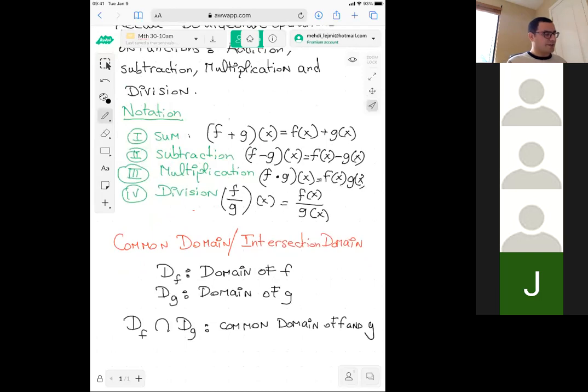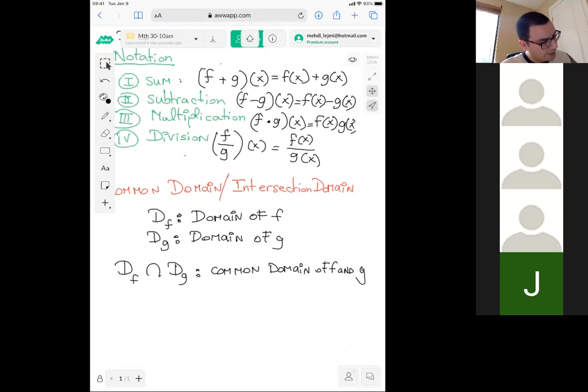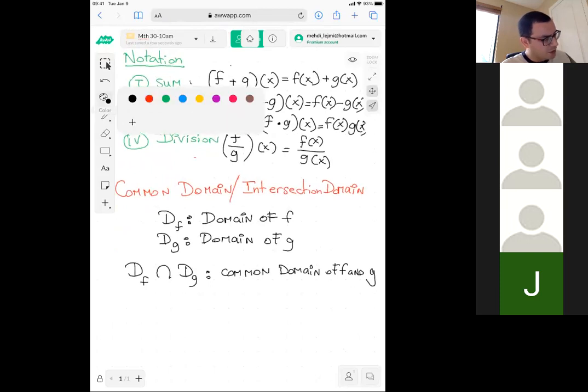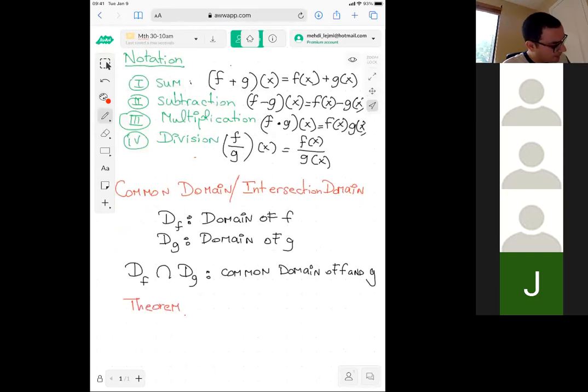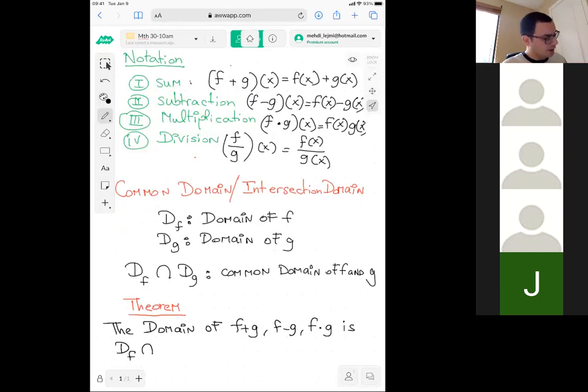I said at the end of the lecture that we are interested in this common domain because of the following theorem. The domain of f plus g, f minus g, and f times g is the domain of f intersected with the domain of g, or the common domain of f and g.